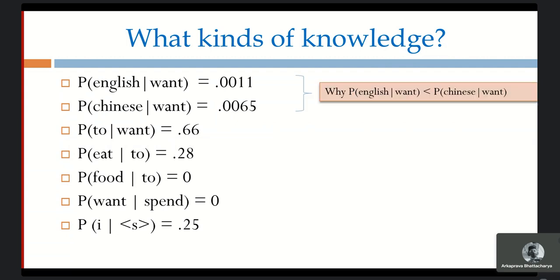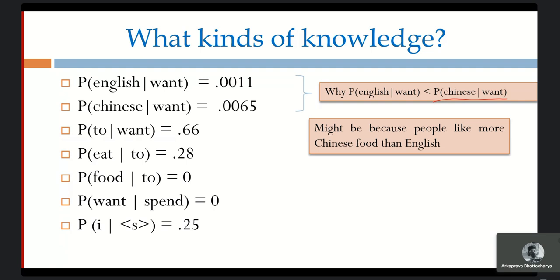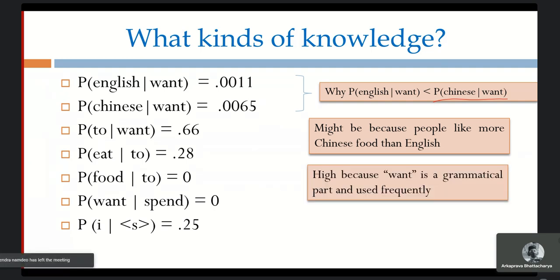The probability of English given want is less than the probability of Chinese given want, because we always talk about Chinese food more times than English food. That might be the reason the probability of Chinese given want is more in this case. People like Chinese food more than English food.